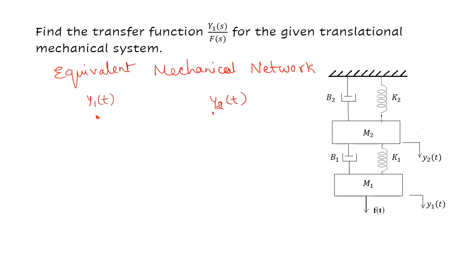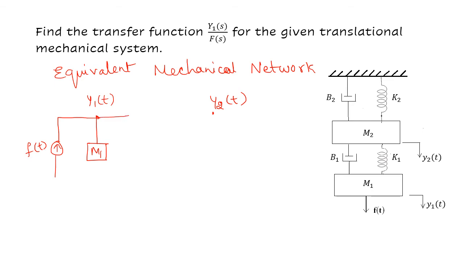The applied force f of t acts on the body of mass m1 which has displacement y1. So we represent the applied force f of t at node y1, and the physical body of mass m1, the viscous friction b1 and k1 between the two bodies.